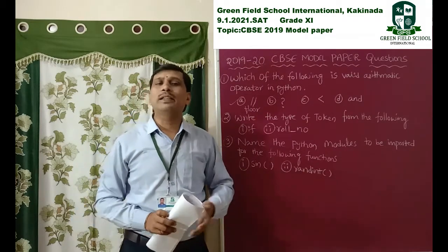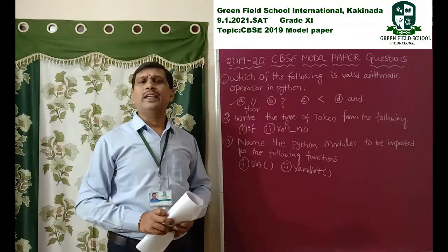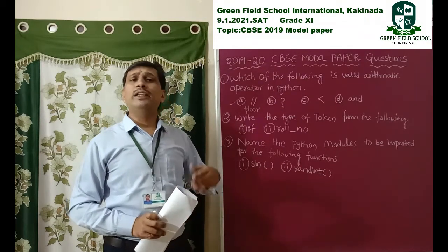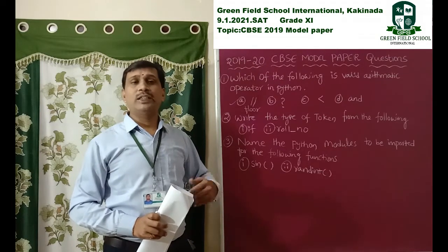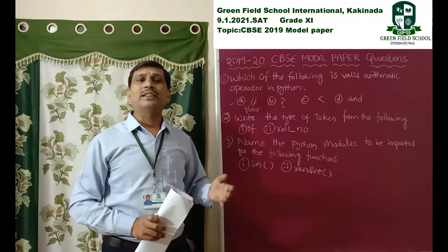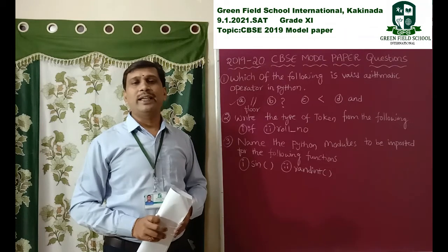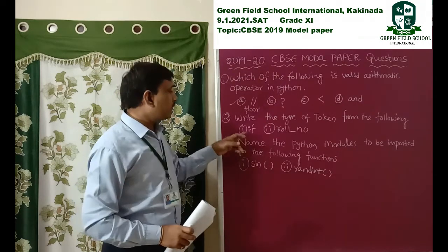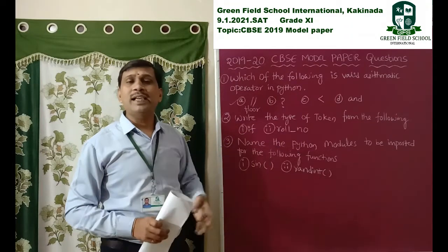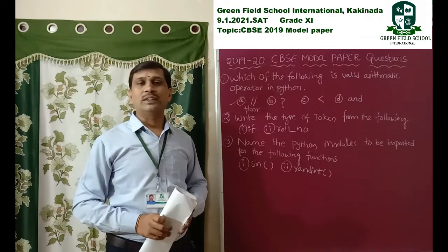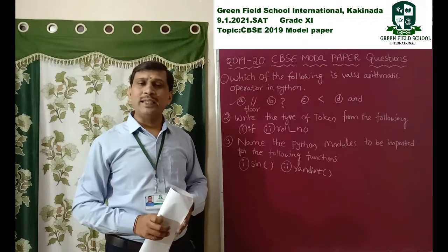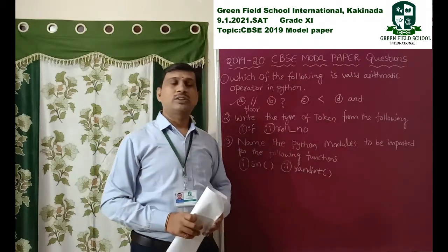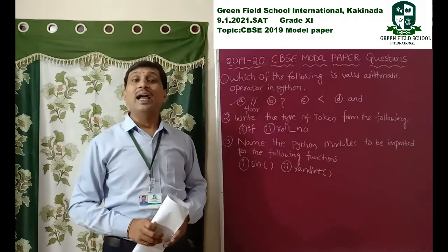Any programming language has many keywords, especially near 32. In C language, 32 keywords are there. Like that, our Python language also has some keywords. Keywords mean reserved words. Reserved words or keywords are called tokens.